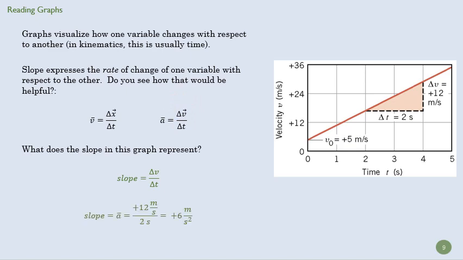We can figure that acceleration by saying in 2 seconds from here to there, I'm going 12 meters per second faster, and it's taking me 2 seconds. So that's 12 divided by 2, and that gives me 6 meters per second squared, or 6 meters per second per second. Every second, I'm going 6 meters per second faster than I was the previous one.